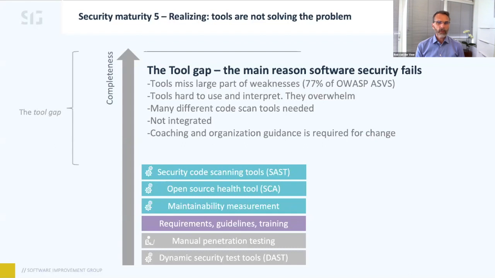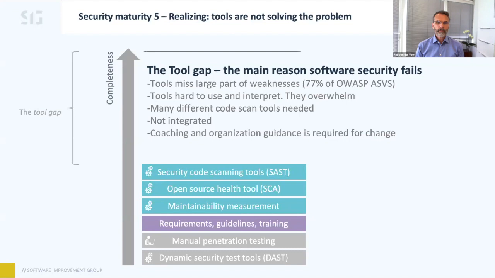These tools are hard to use and interpret. They typically overwhelm teams. Teams want to be really professional, want to build security in, but if they get confronted with a new tool, a new problem with a lot of findings that they not all understand, they are overwhelmed. Also, they need to work with multiple new tools at the same time, with little integration.